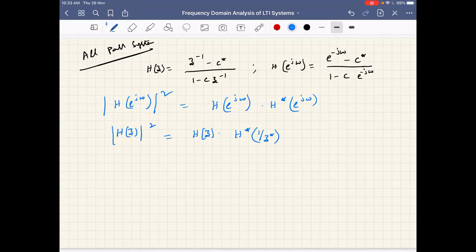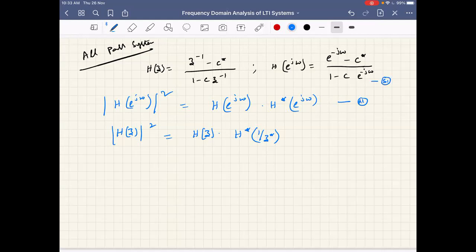Because there is an r term in the H of z, there will be a 1 by r term here, but nevertheless it has to be the complex conjugate for H as well as in z. Now let us take this definition, definition 1, and verify with this system, system 1.